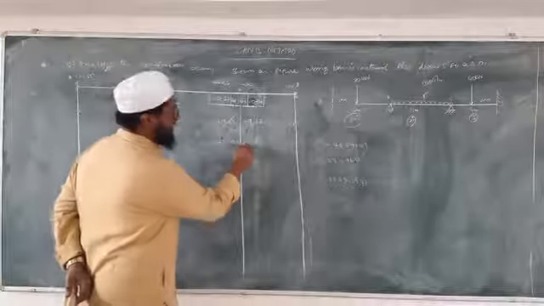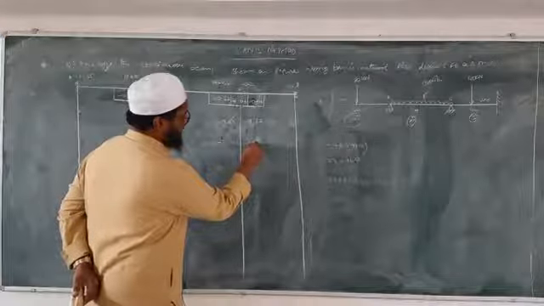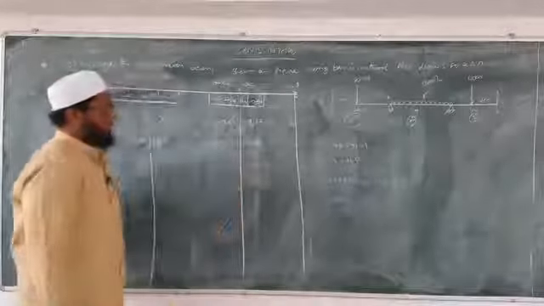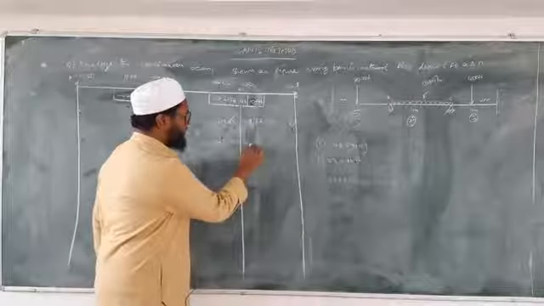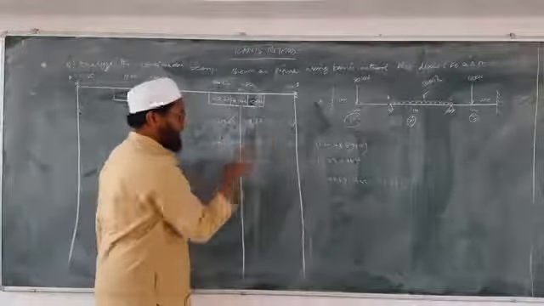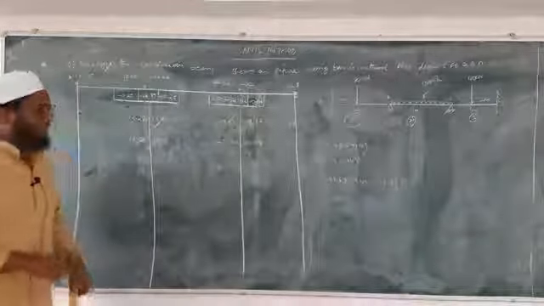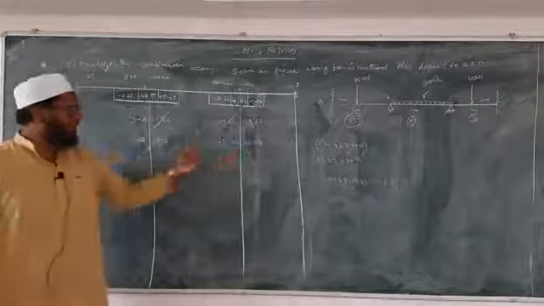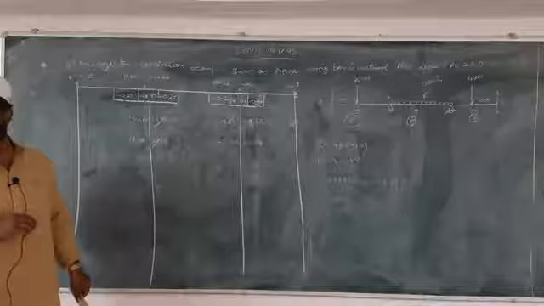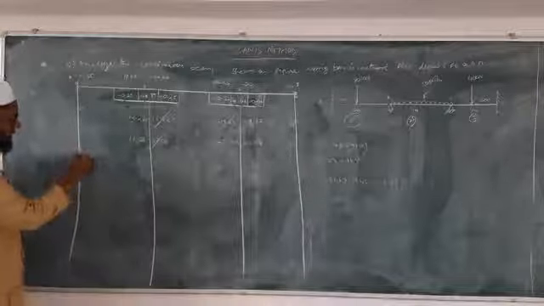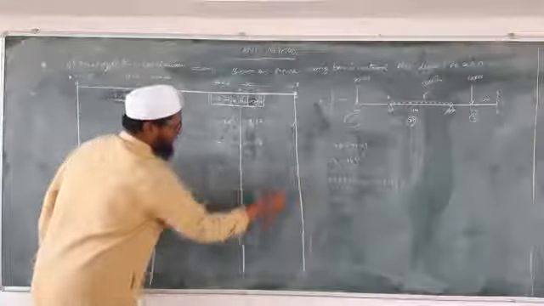Minus or plus? Minus? Okay. 10.58. Okay. So while calculating these two values, we have used 17.08. Yes, strike off. Okay. Now in the next step again, 0, 0.